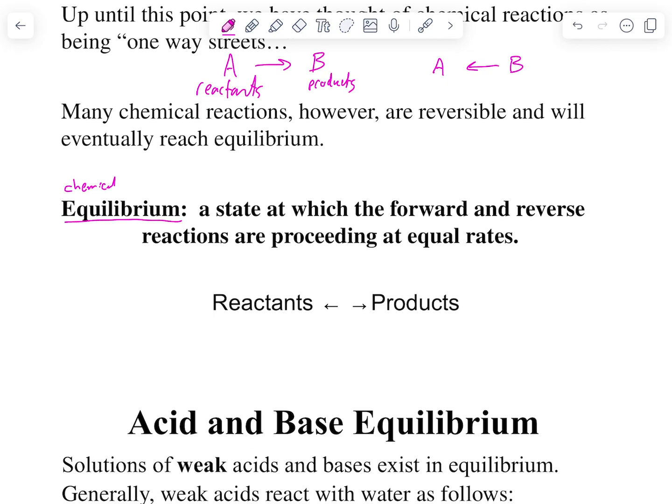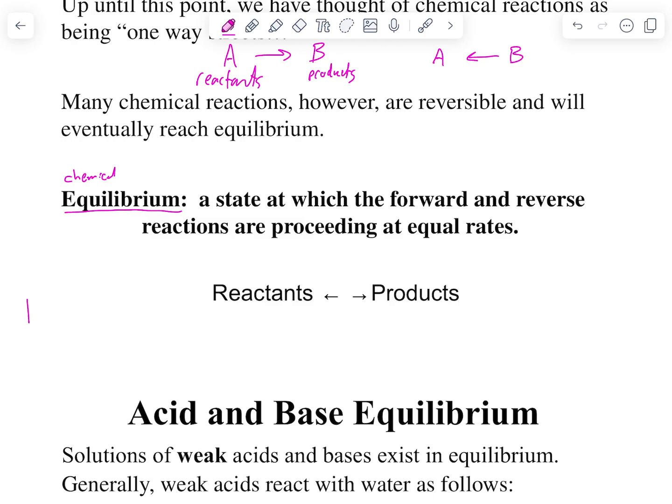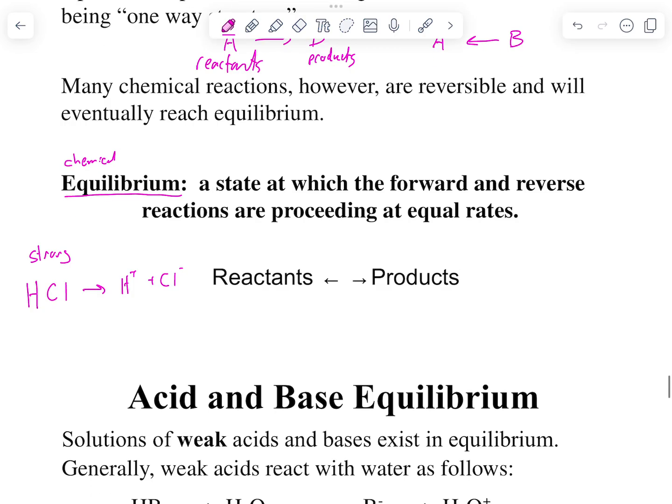So, the acids that we've seen so far, strong acids like HCl. HCl will split apart and form H plus and Cl minus. This is not equilibrium.